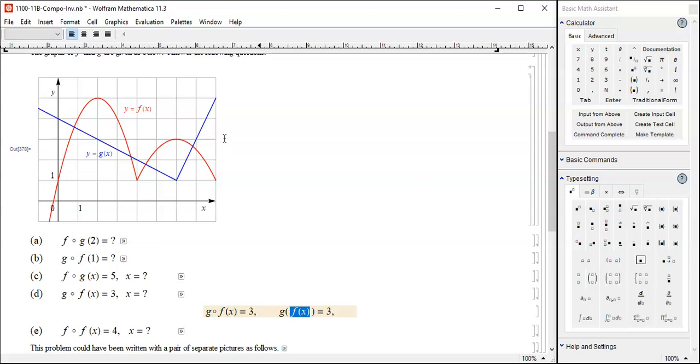I'm running the mouse around, and right here, what's the x coordinate value? 2. Right here, what's the x coordinate value? 7. But what is equal to 2 and 7? G of something, the inside. So f of x is equal to 2, or f of x is equal to 7. That's the conclusion I'm going to get here.